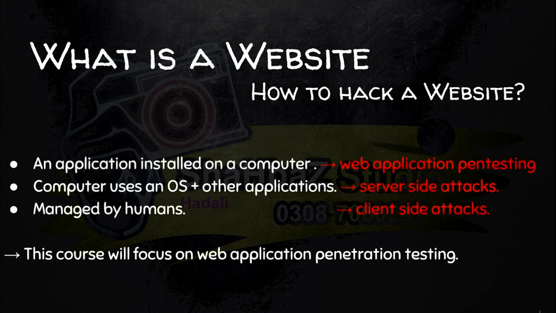Maybe the website is very secure and the server is very secure and there's no way that you can get in, but you can always exploit the humans using social engineering attacks and client-side attacks to gain control or hack one of the people that manage that target website and then maybe gain access to it.